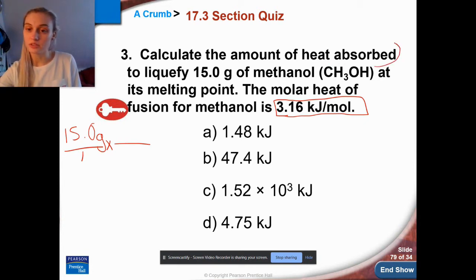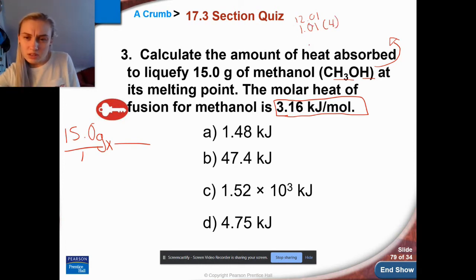And so the molar mass of this I will calculate up here. So C is 12.01 plus, there's 4 H's, so these 3 H's plus this one is 4. And so 1.01 times 4, plus the 1 O, which is 16.00, and there's only one of those.